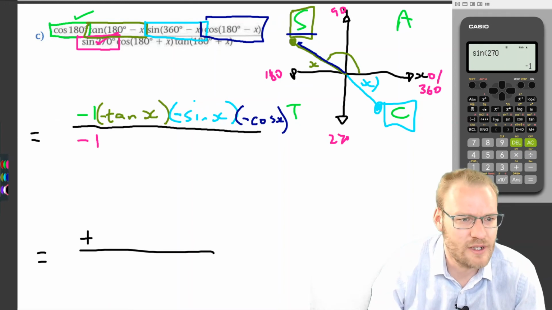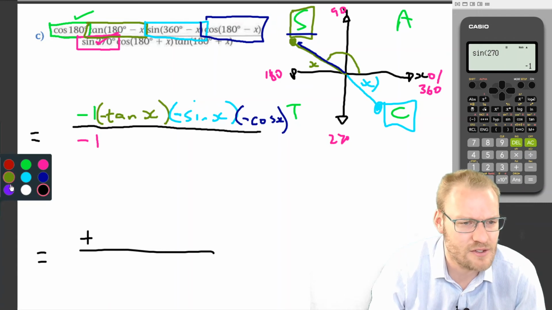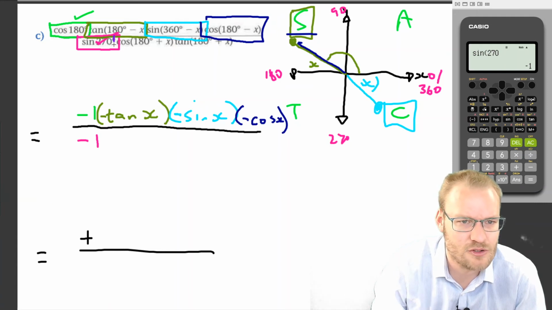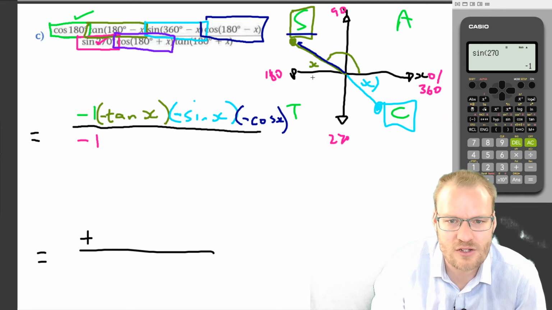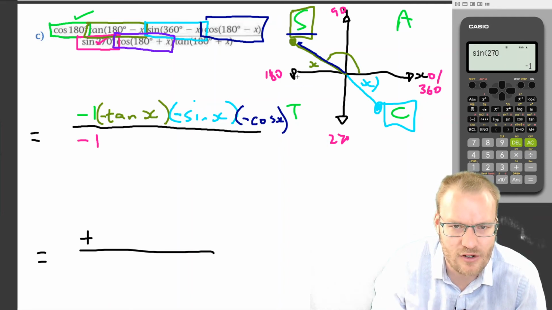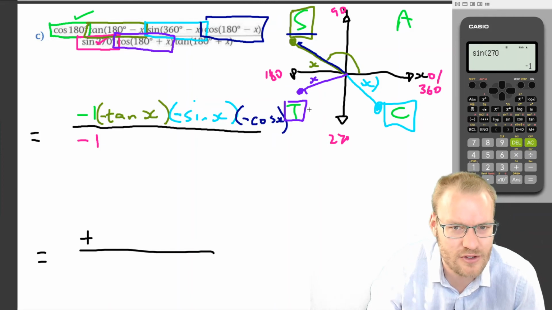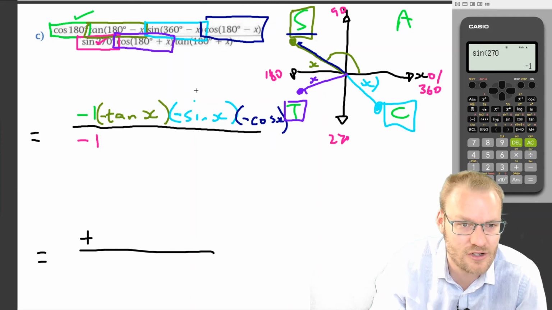Then what else have we got going on? A couple of things on the denominator. Let's go purple. So we've got cos of 180 plus x. Okay, so 180, there's 180, and we've gone a little bit further because plus x, so we've gone down here. And therefore we're in tan's quadrant. We're in quadrant 3, so tan's positive. This is cos, so this is going to become negative cos x.